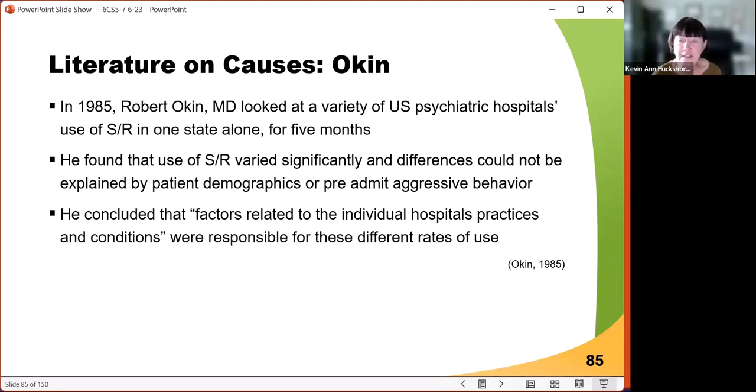And he couldn't explain the differences in the use of seclusion and restraint by patient demographics or pre-admission behavior. And he concluded that the factors related to the use of seclusion and restraint in those 5 hospitals were based on those hospitals' practices, policies, and conditions that were all under the power of the administrators to change or not. Next slide.